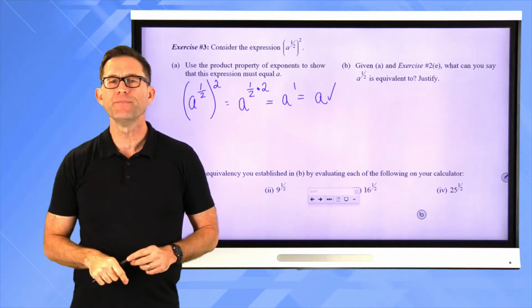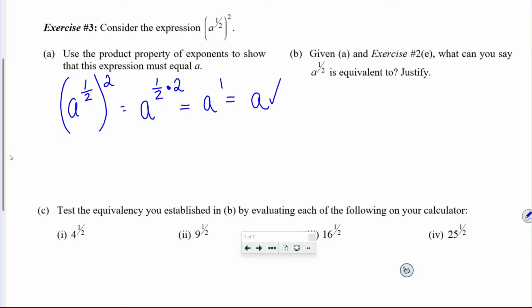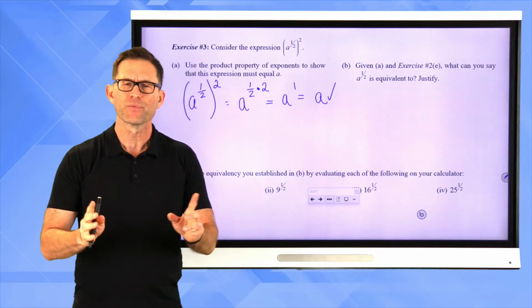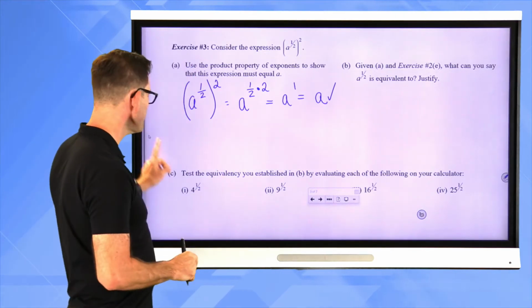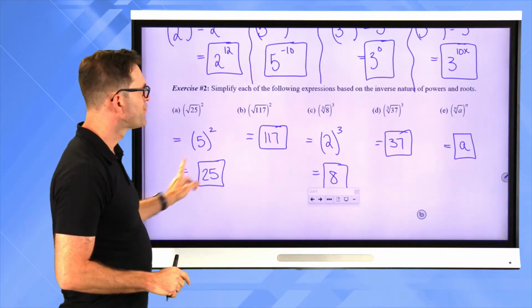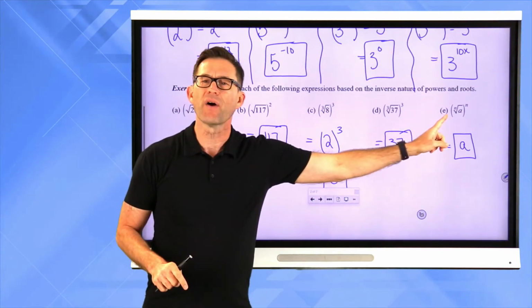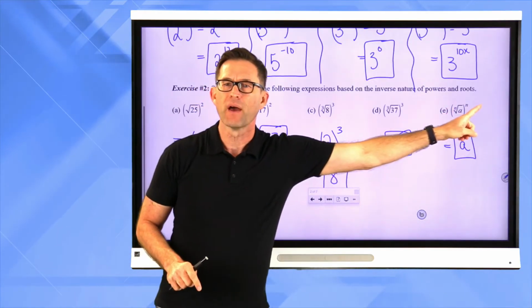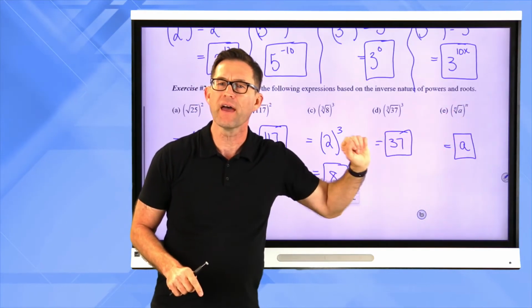Now, in letter B, it says, given letter A and exercise number 2E, what can you say that a to the 1/2 is equivalent to? Well, hold on. Let's just go back for a second. 2E says that if I have the nth root of a and I raise it to the nth power, I get a.